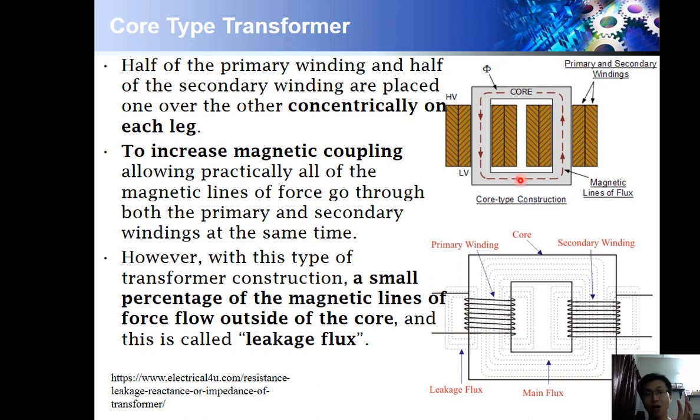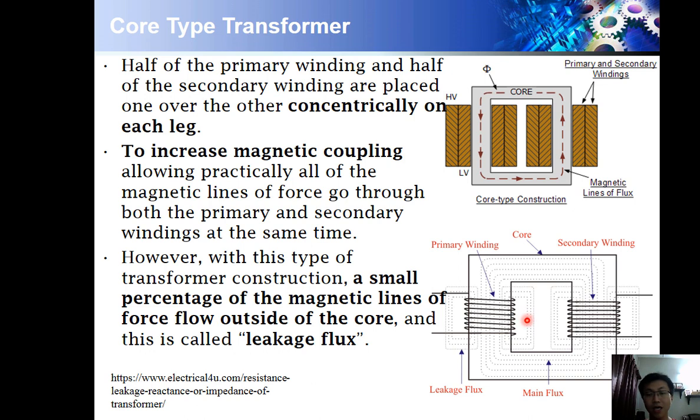There are losses, due to the leakage of the flux, where some of the flux cannot flow from the primary side to the secondary side at 100%. For example, 2% of the flux will flow outside the core through the air and then go back. So we can see that the primary leakage flux goes outside and then comes back to the primary.